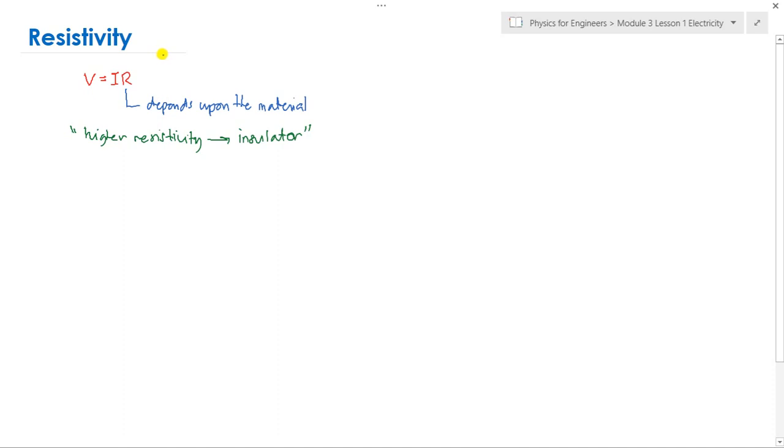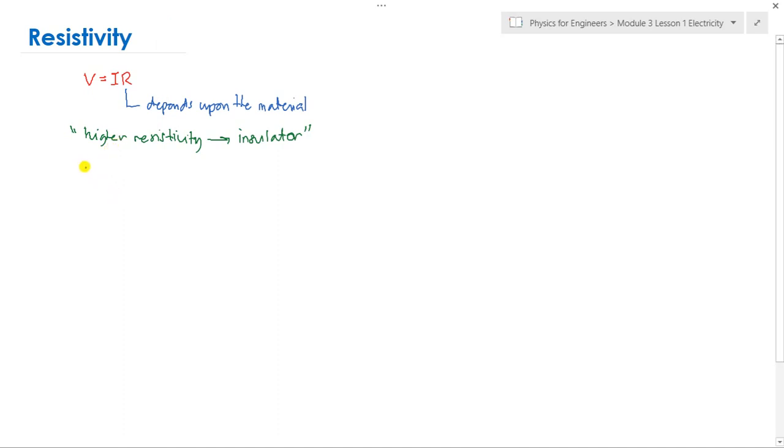That is the difference. Resistivity is a property of the material, while resistance is not a property of the material, since it is a quantity that must be measured, and it also depends on its length and its area. So it depends on other parameters of the material.